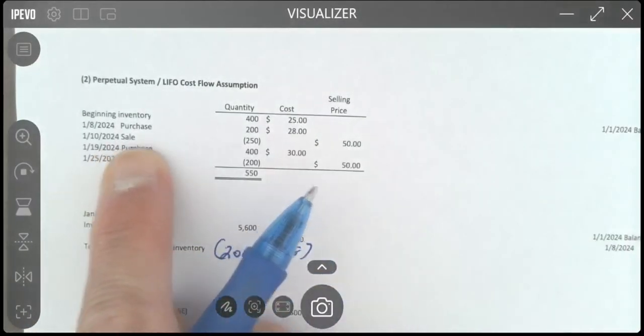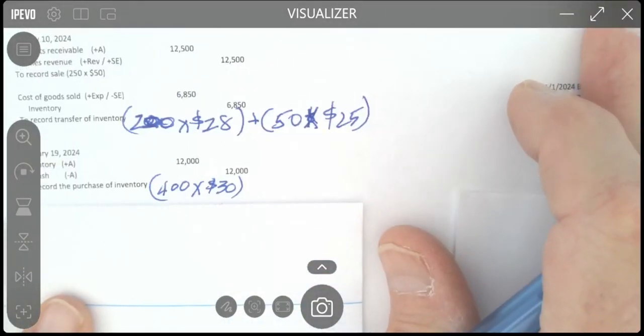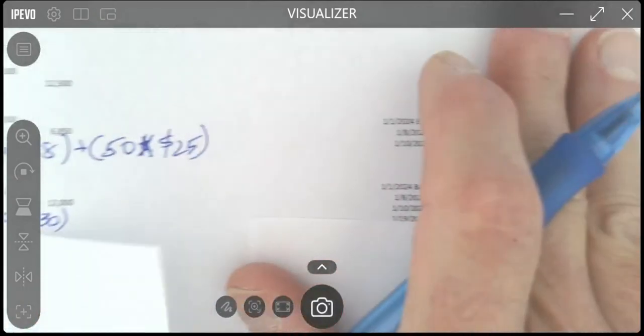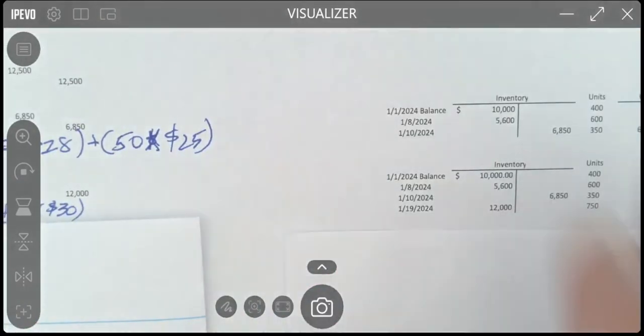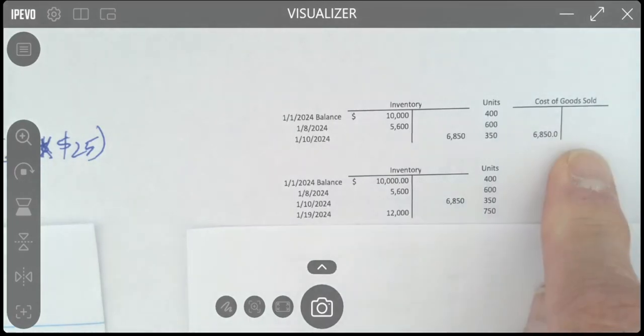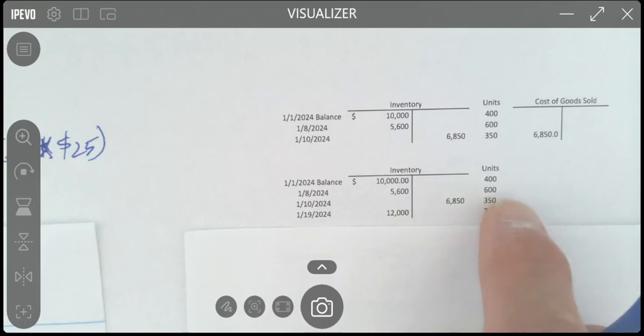And at this point, our general ledger accounts, after we posted that purchase, look like this. Cost of goods sold hasn't changed because we haven't made a sale since the one we made on the 10th. And there is the purchase. We now have 750 balls available for sale, up from 350 after we sold 250 of those.